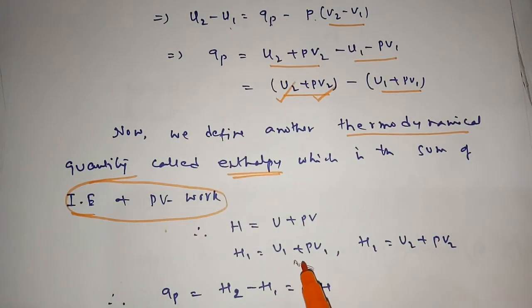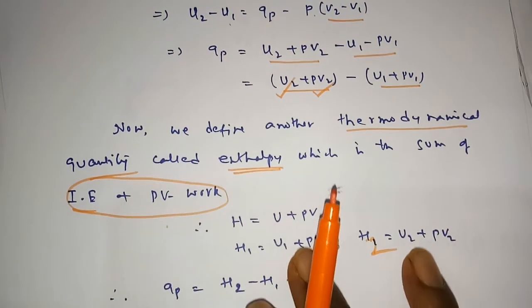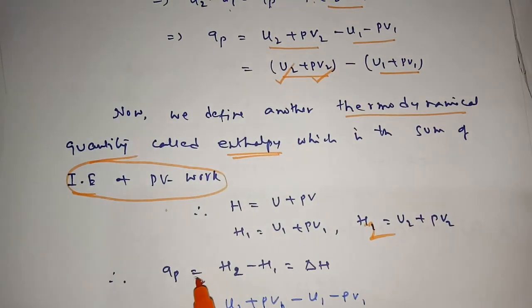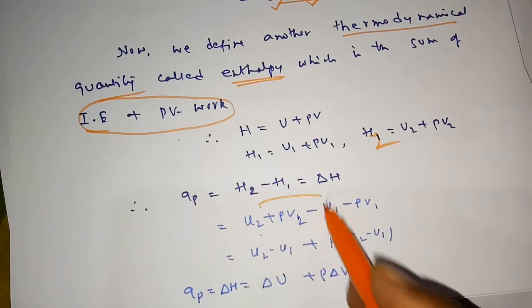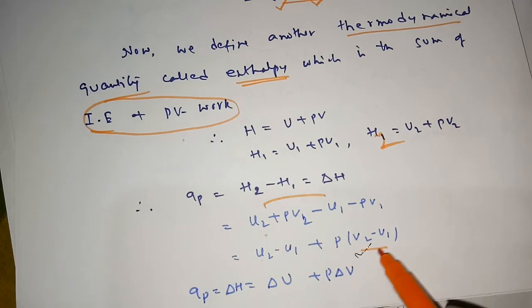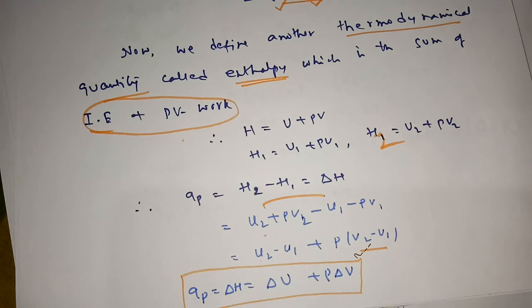So H1 equals U1 plus PV1, H2 equals U2 plus PV2. So H2 minus H1 equals QP, equals del H, or U2 plus PV2 minus U1 minus PV1, that is U2 minus U1 plus P common, V2 minus V1. So QP equals del H, which equals del U plus P del V. So this is the relation between del H and del U.